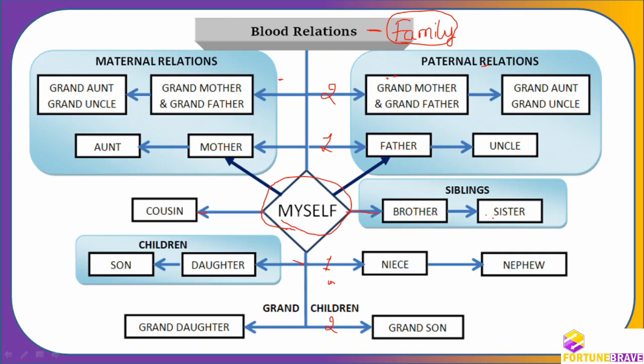Brother and sister are also called siblings. When I say sibling, you will not be able to understand whether it is male or female; a sibling can be female or male. Is that clear? Now in our generation, who will come? Brother and sister, right? And then cousin.